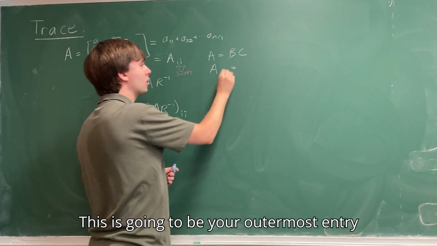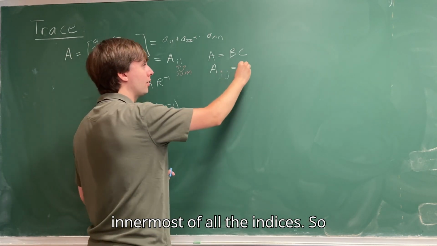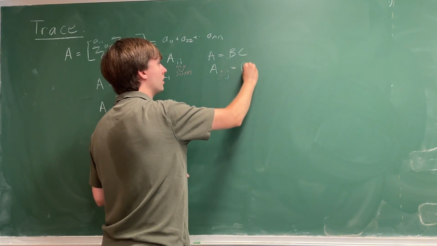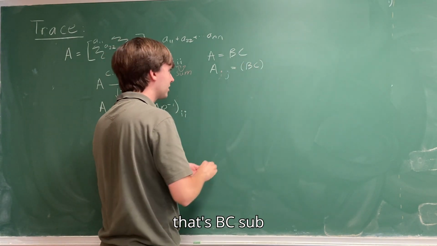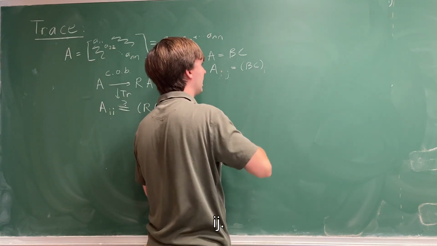This is going to be your outermost entry of the matrix. This is going to be your innermost of all the indices. So that's BC sub IJ.